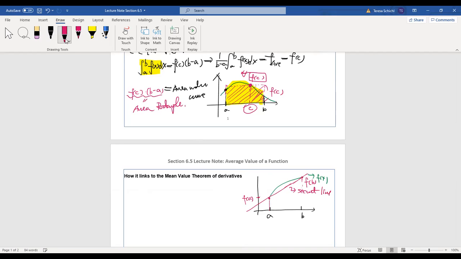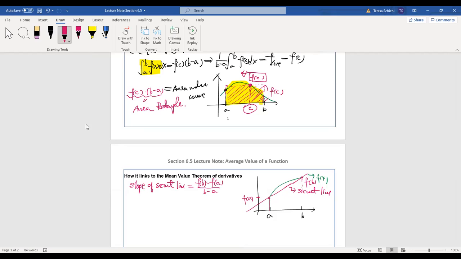So we know the slope of the secant line here. So what is the slope of the secant line? The slope of the secant line is rise over run. So the rise will be f of b minus f of a, and the run is b minus a, right?